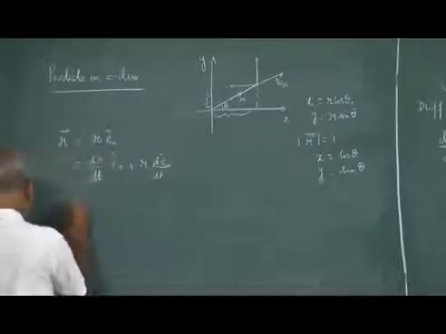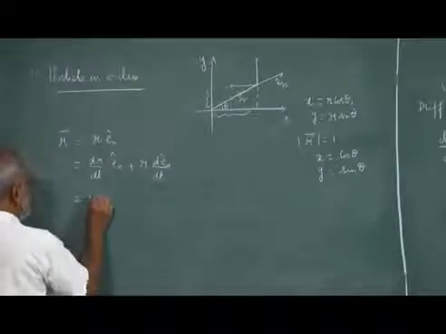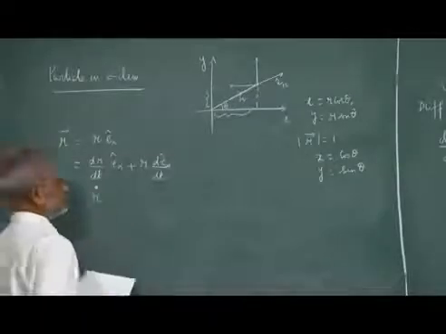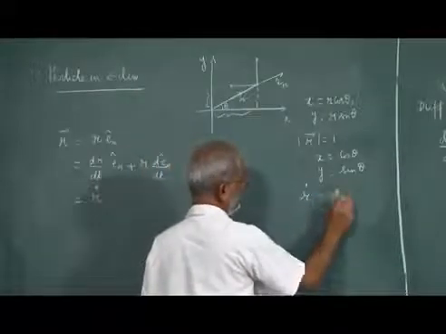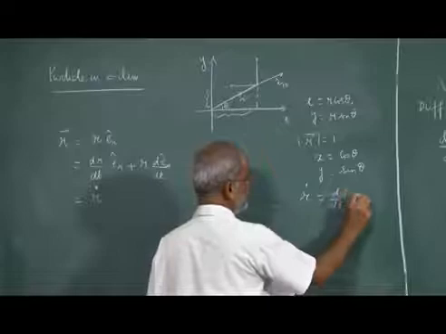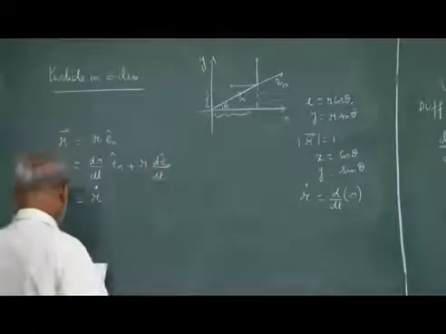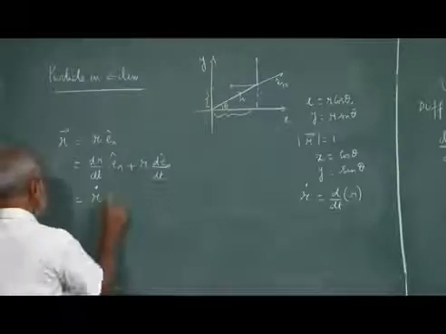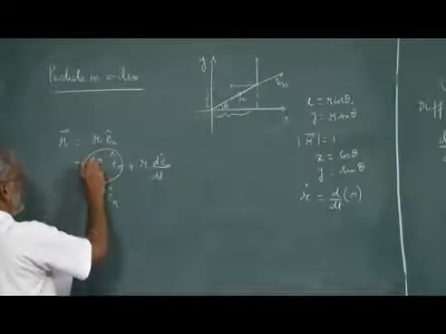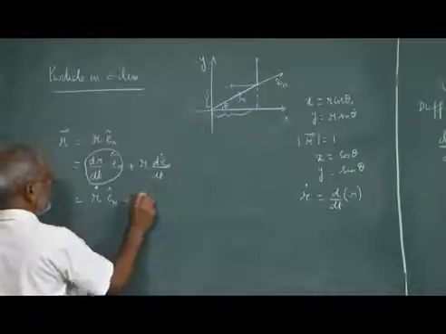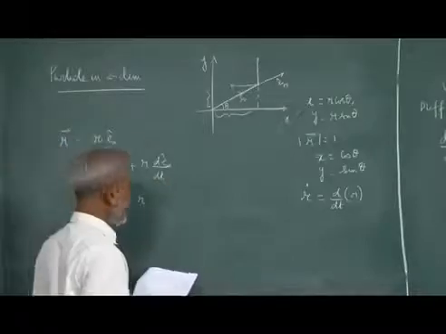What is dr by dt? The dr by dt is what we will call r dot. This dot denotes the first derivative with respect to time, a very standard notation. So this is r dot times er, plus r times der by dt, which I have to calculate.